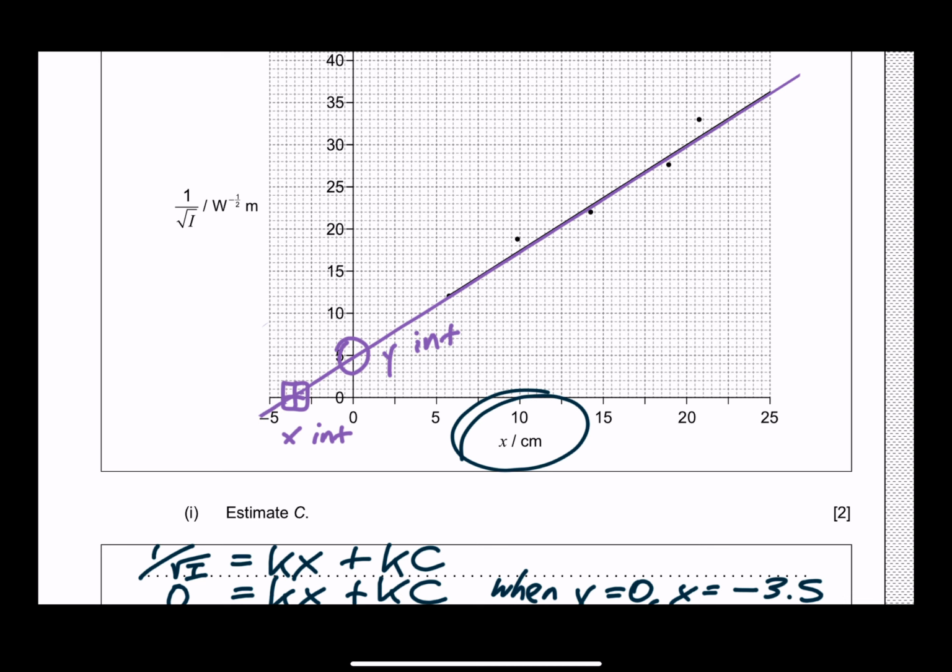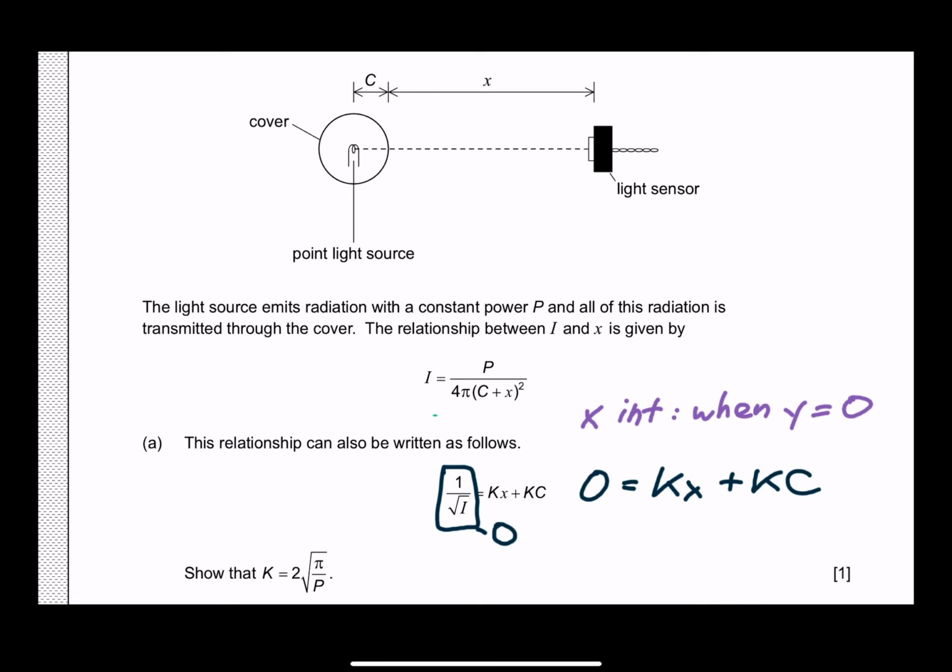That's not really where the source starts. So that's why this graph goes back into the negative displacement, which you would say doesn't really make sense, except that it does, because they start measuring not from the point of the light source, but from here, the edge of the cover.